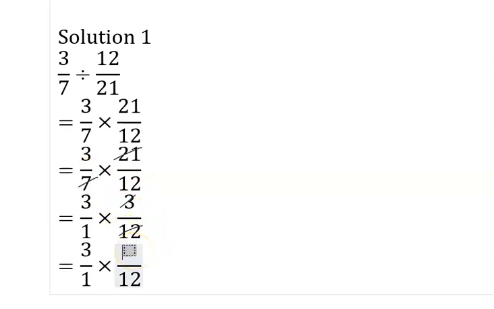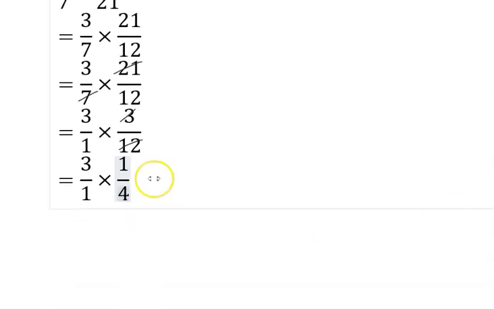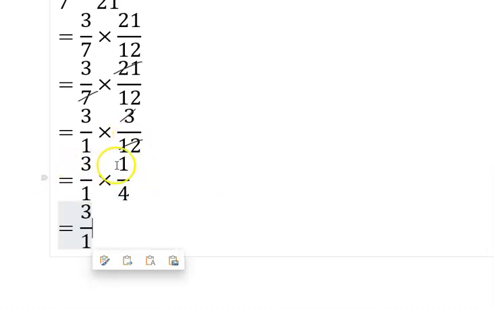So that means we are left with 1 here and 4 here. Okay, let's multiply the 2 that we now have here. Great. So 3 times 1 at the numerator, you will have 3. 1 times 4 at the denominator, you will have 4. So that's our answer.